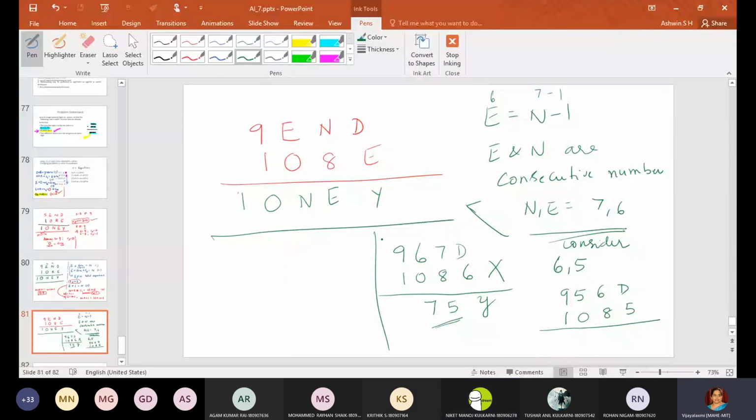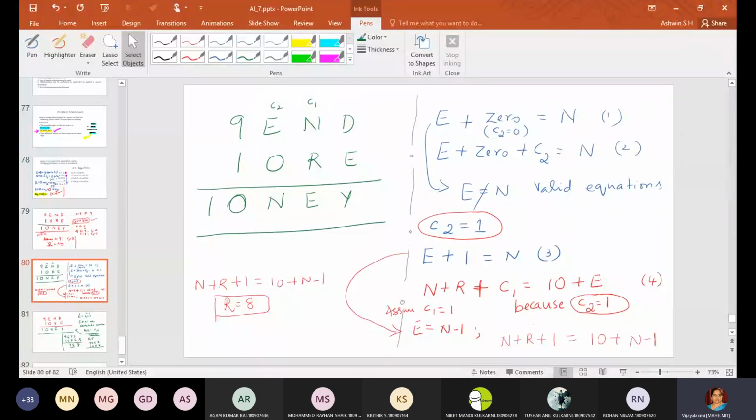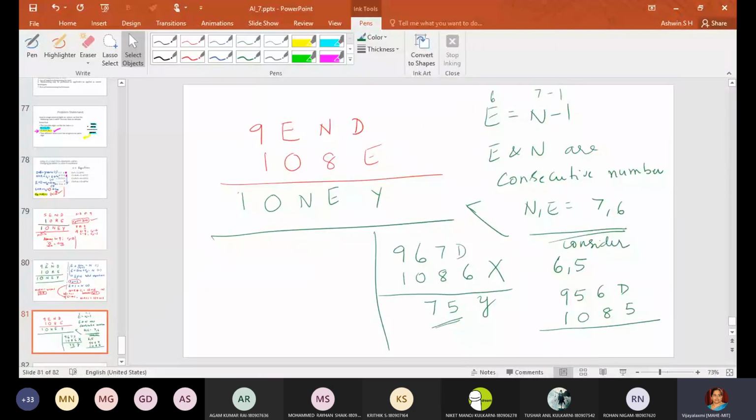We took C2 to be 1 and C1 also 1. Now just try here. So now it becomes 6. Yes, ma'am, it's coming wrong, no? Okay, sorry, I neglected it.